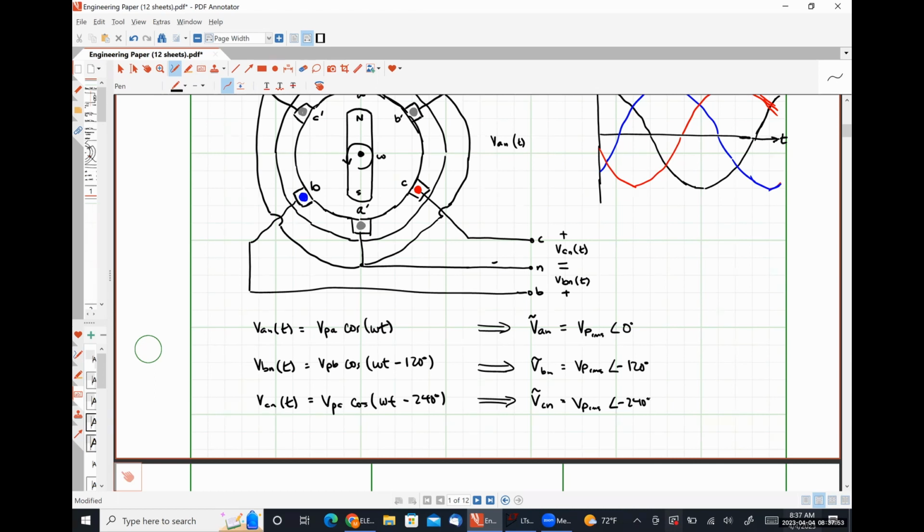One other thing to talk about very briefly here is the concept of phase sequences. This description represents what's called a positive or ABC phase sequence.